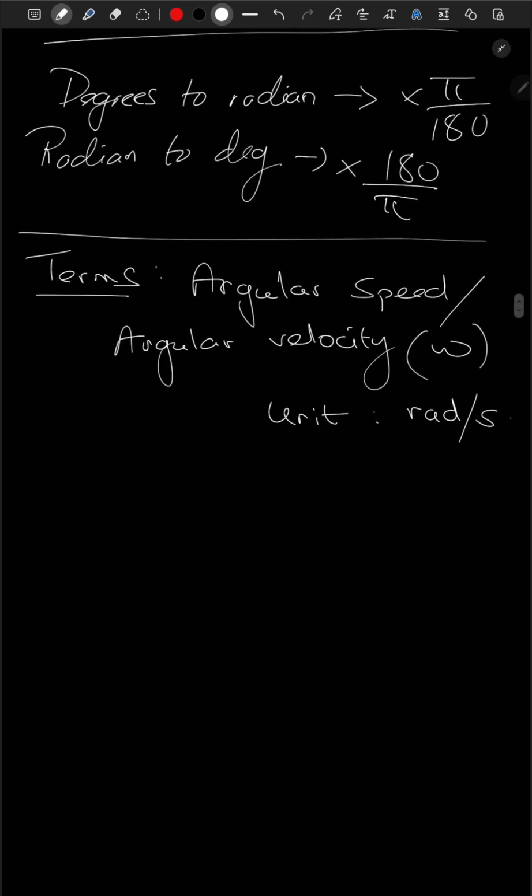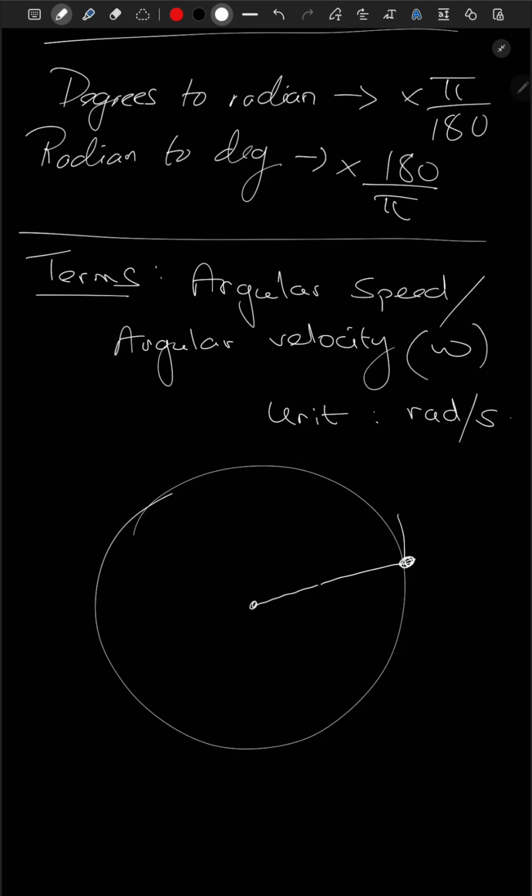Now what is angular speed or what is angular velocity? So if an object goes around in a circle, let's assume it is traveling in this direction. At some point it would be in this direction. Okay, this is the angle theta and this is r. Now we define angular speed to be in the direction of the angle. So it is the angle that has been covered per unit time.